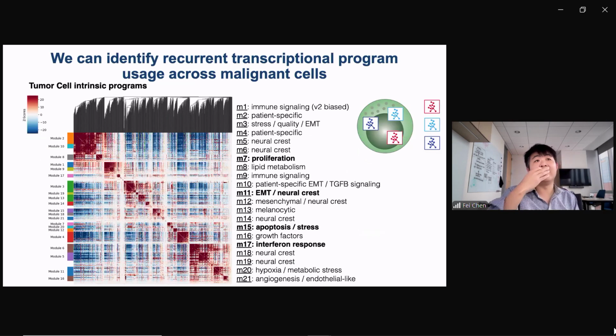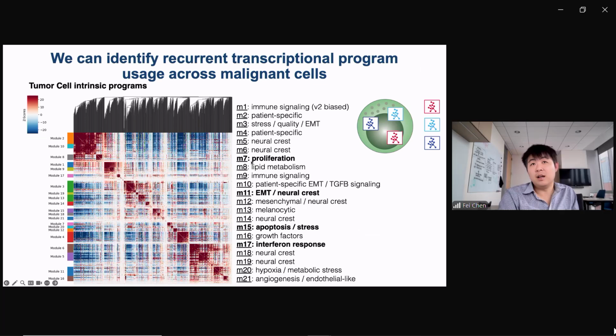And so we did that. This is a heat map of the correlation between gene usage across different tumor cells, and these represent the programs that these tumor cells use.